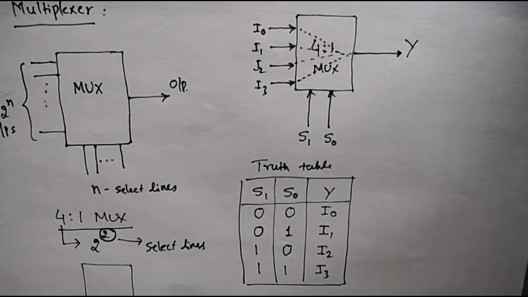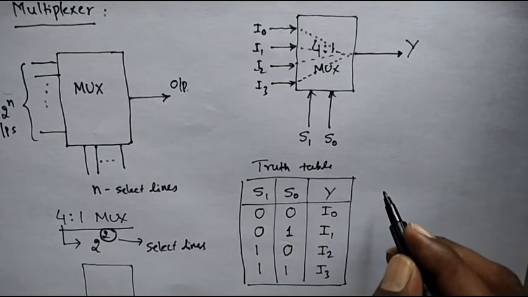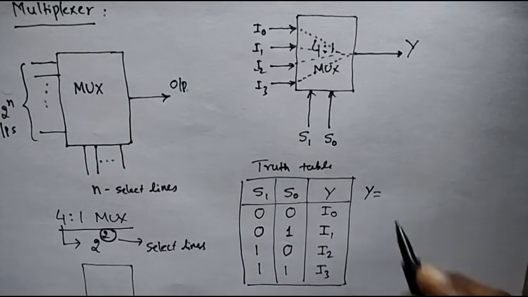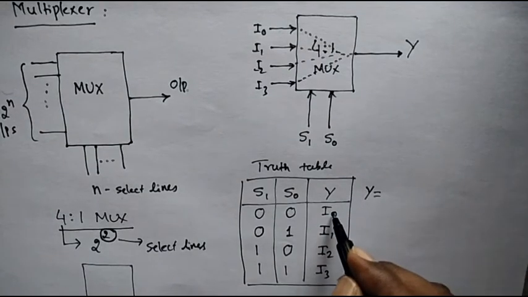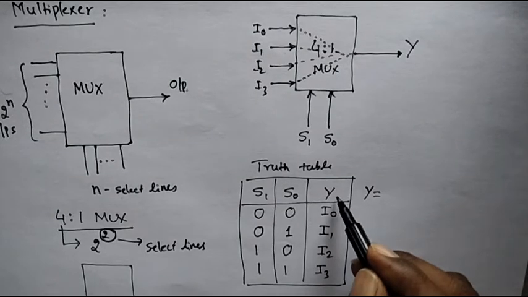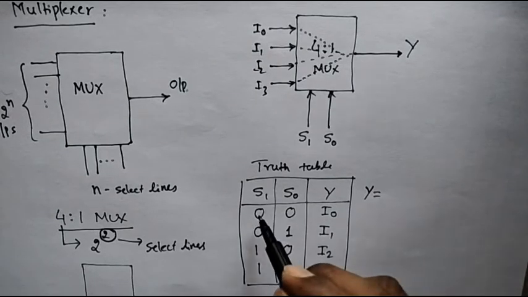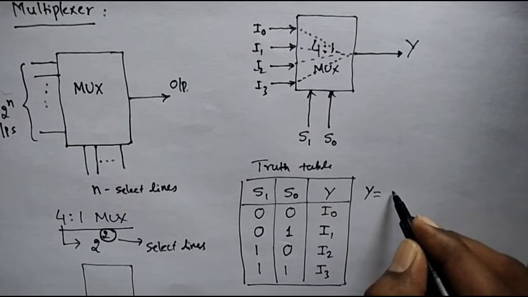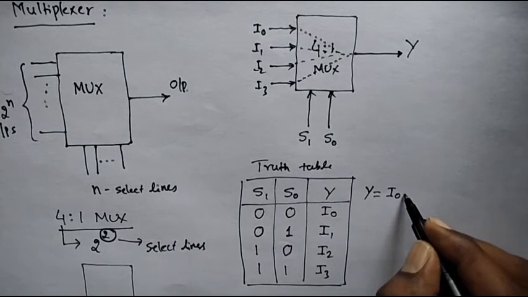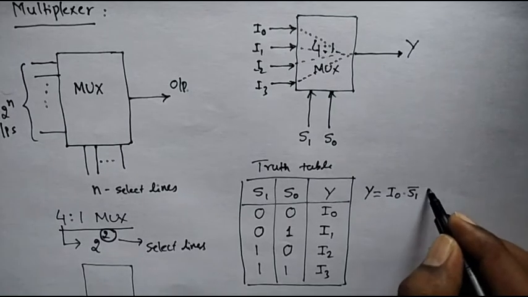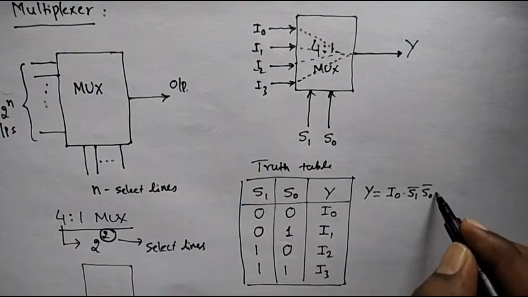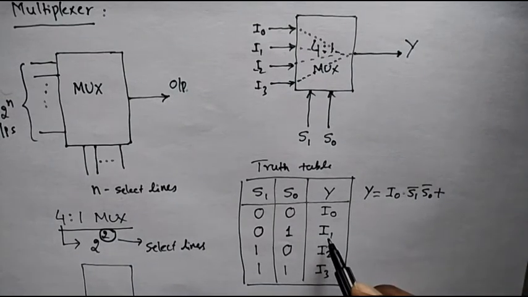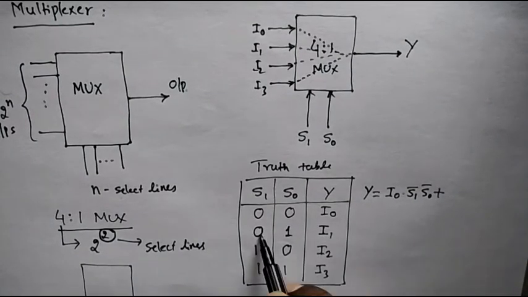Now by seeing the truth table, we'll write the Boolean expression for output. The Boolean expression for multiplexer Y is written as follows. Output Y is equal to I0 for corresponding inputs S1 and S0, so I can write it as I0 S1 bar S0 bar, plus I1. For I1 the corresponding inputs are S1 equal to 0 and S0 equal to 1.